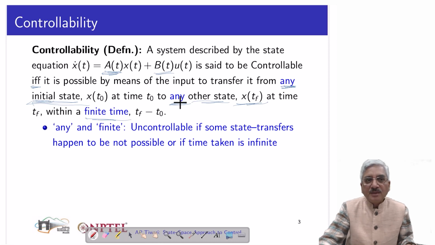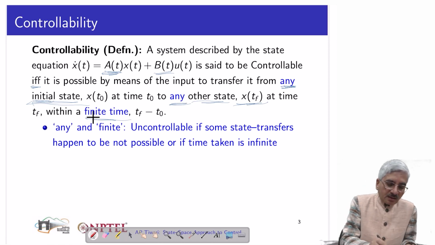If there is any particular point, maybe one single point, from where the state transfer could not be possible, or if there is any one point to which the state transfer could not be possible, then the system will be uncontrollable. The definition is very strict. Even one point where the state transfer is not possible, even one point from which the state transfer is not possible, if they exist, the system will be treated as uncontrollable.